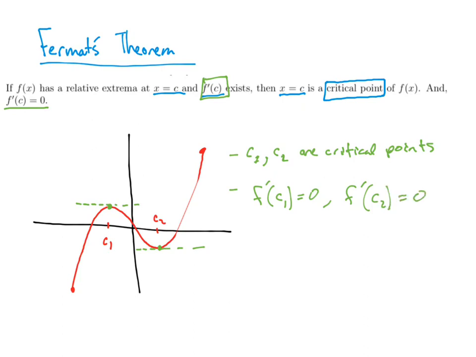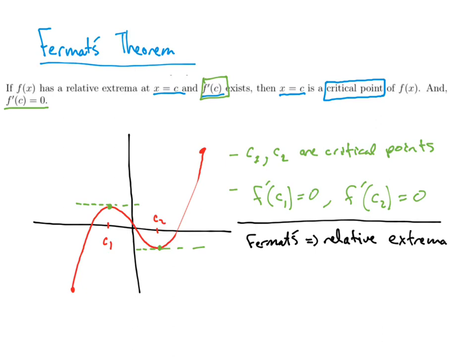So a couple points to be careful about here. First is that Fermat only deals with relative extrema, not absolute extrema. I mean, that makes sense from this example.